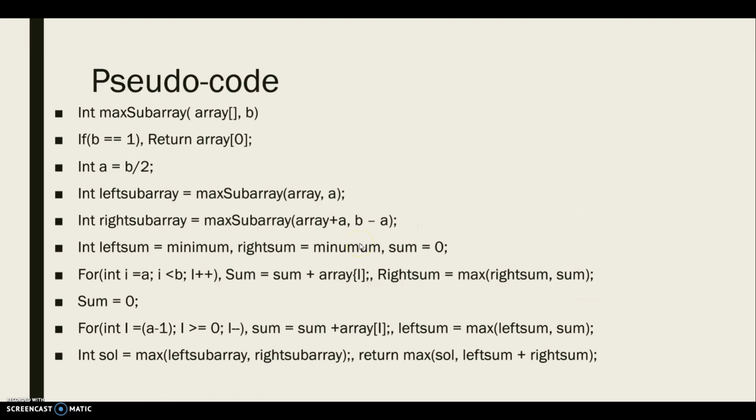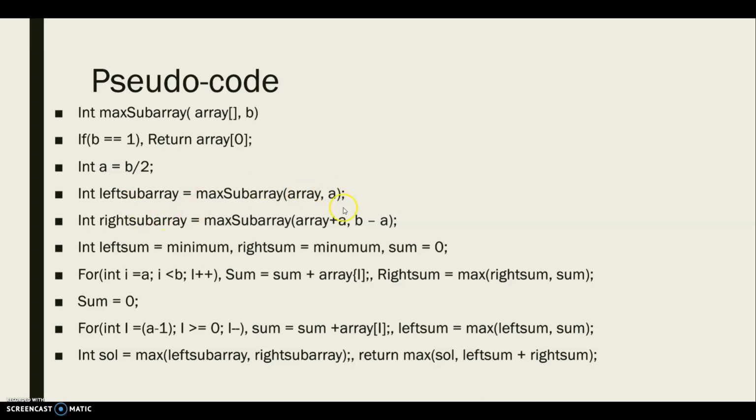So this is my pseudocode. As you can see, you have your max subarray. You'd have your own array to put in here, and you have your functions. You typically split them in half, which is why I have a left subarray and then a right subarray.